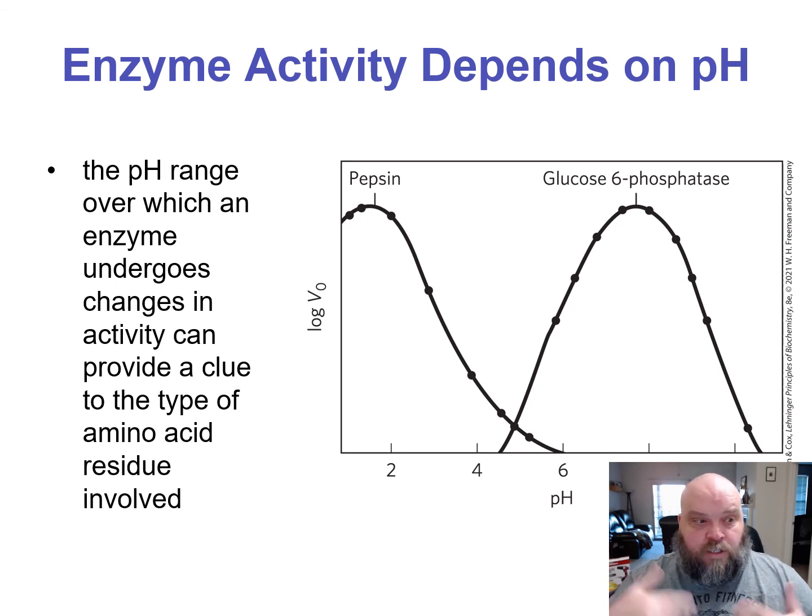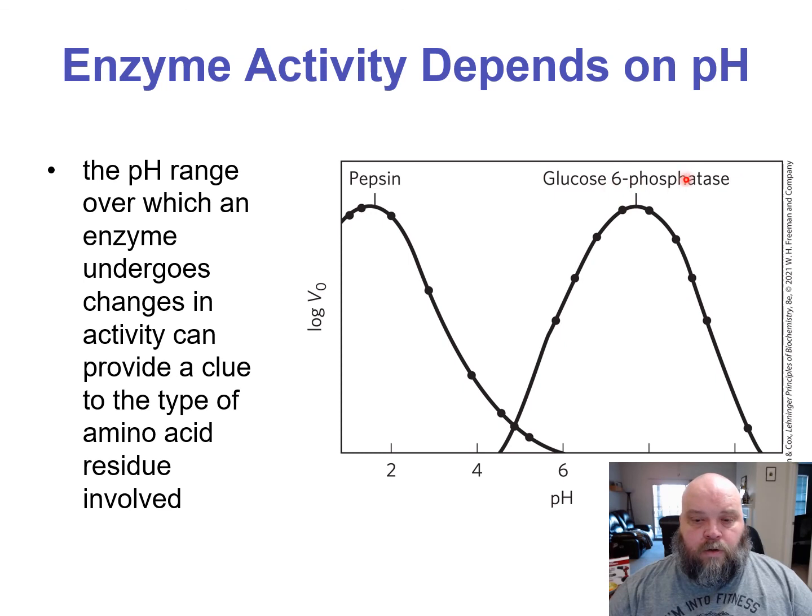Pepsin, which is the protease that's in our gastric juices that helps digest, break down proteins in your stomach. Stomach's going to be about a pH of 2. So its optimal, its highest point of activity is going to be right there around pH 2. As the pH goes up, well, pepsin activity is going to go down as it is denatured.